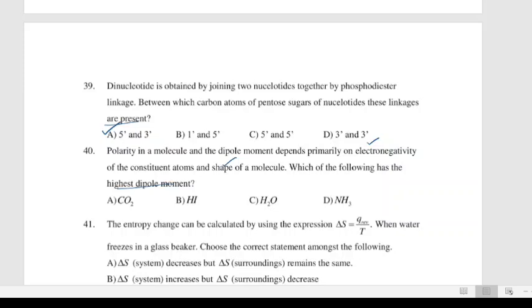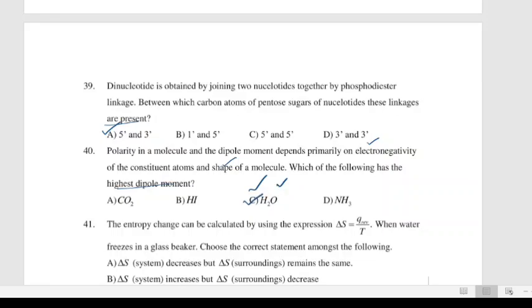If the electronegativity difference is high, the dipole moment will be high, and symmetrical molecules will usually have zero dipole moment. There are few exceptional cases that we will discuss when we come across them. Anyhow, here in the options, the electronegativity difference between O and H is more. So the correct option is C.